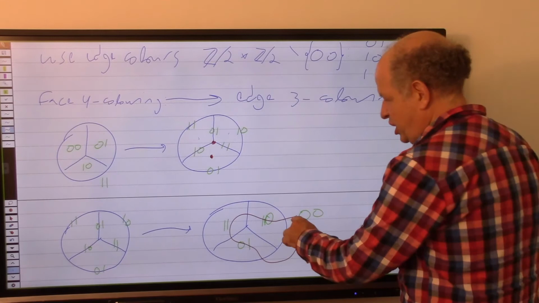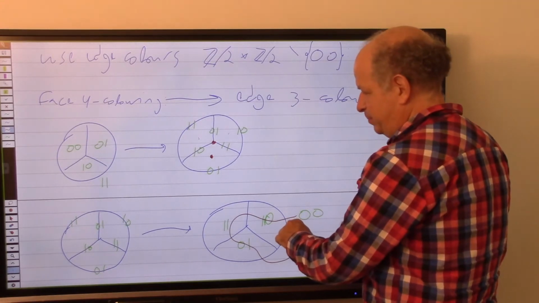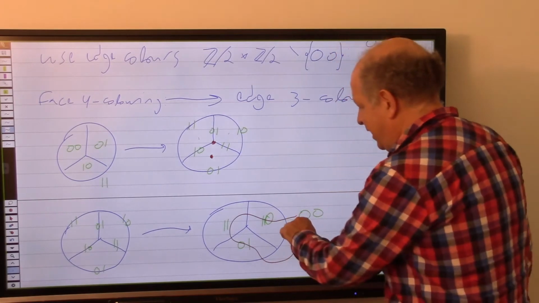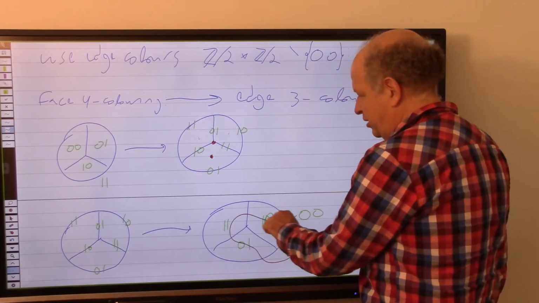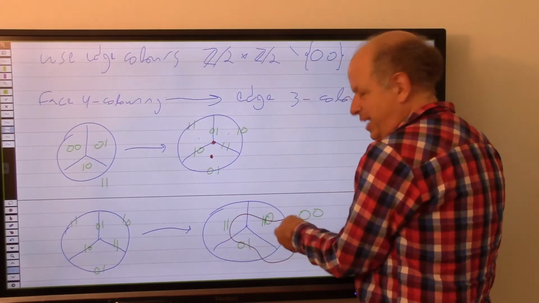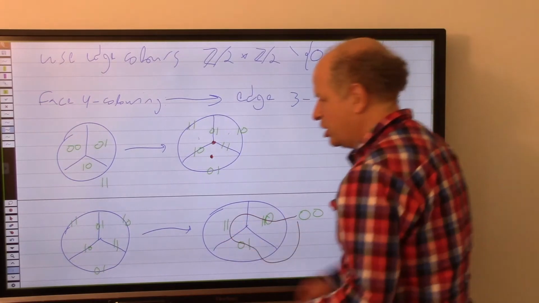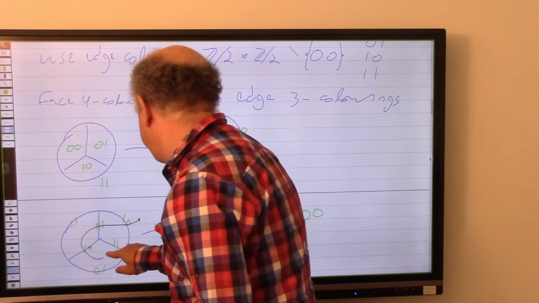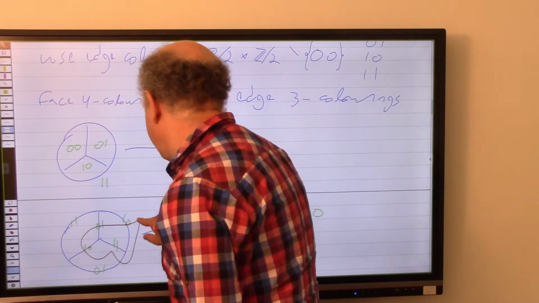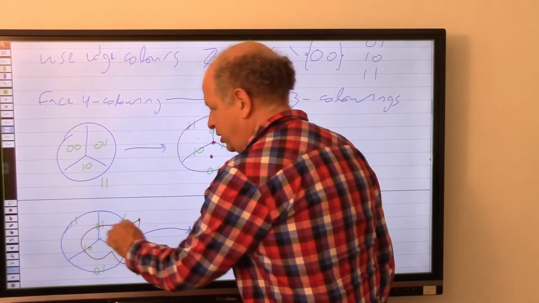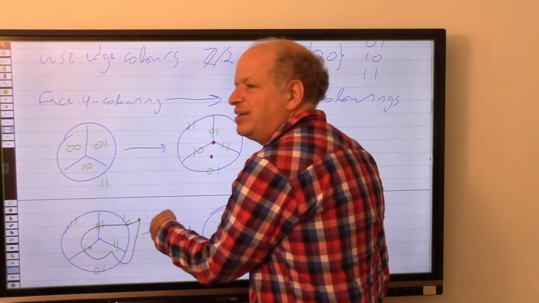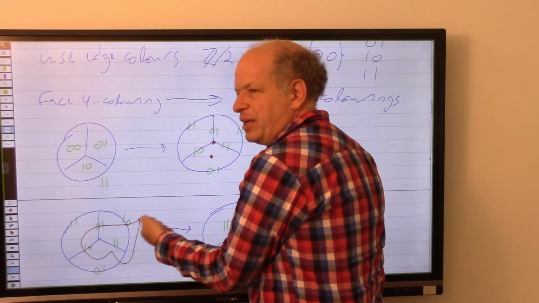Right? Which amounts to saying that every time I go around such a loop and add all the edge colors, so really it's happening here, every time I go through a loop and add the edge colors that I see along the way, I must end up adding 0. The total sum must be 0.